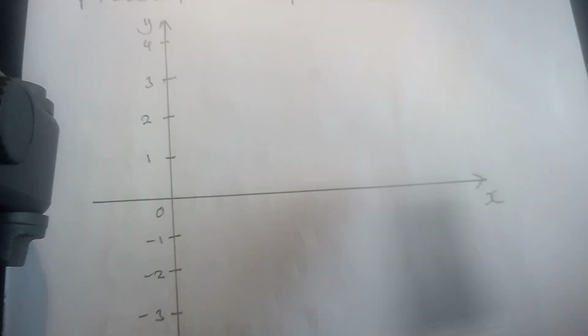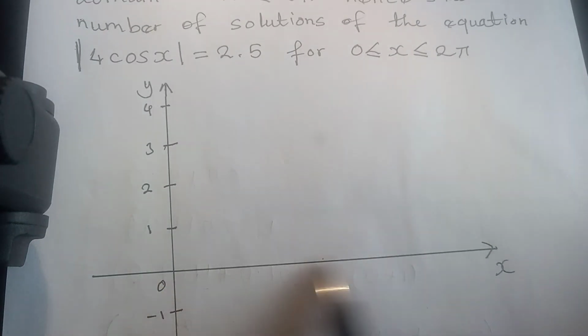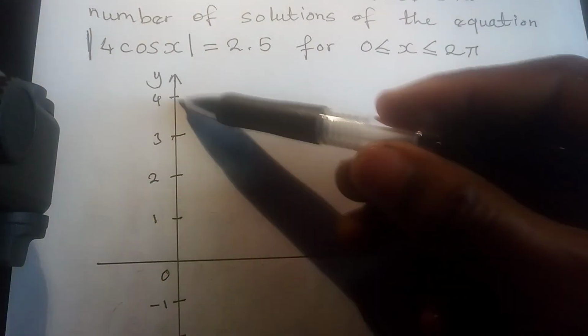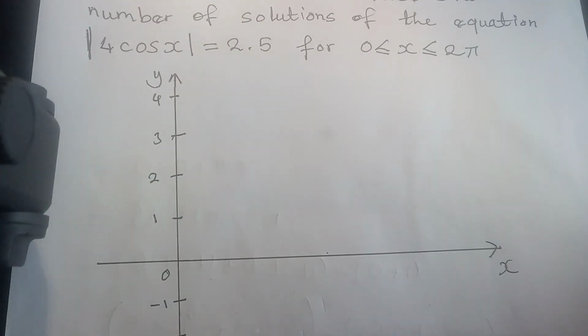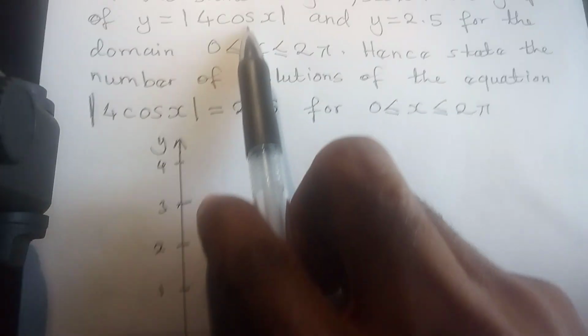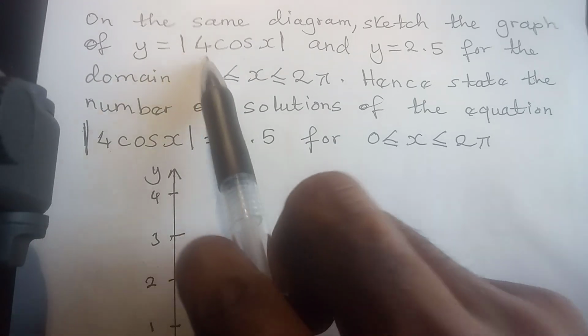So to solve this, I've decided to draw this in advance, but I've skipped the x-axis so that I can show you how to pick the numbers. So for the y-axis, you have not been given the range, but you know that when you have something like this, the maximum you can go is 4.